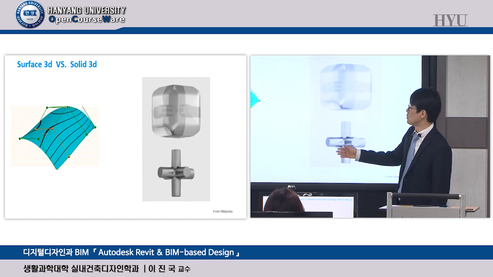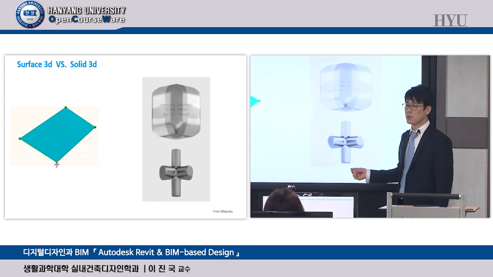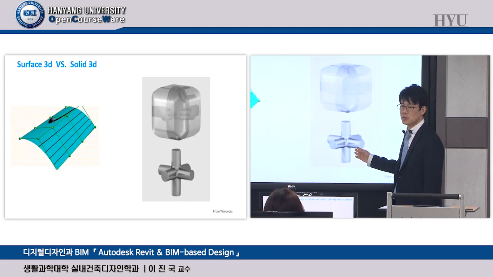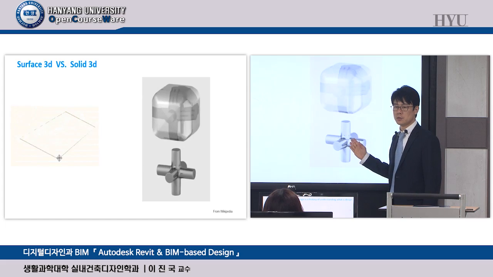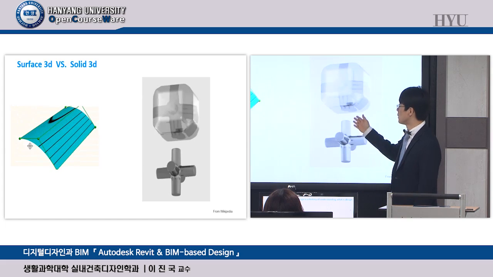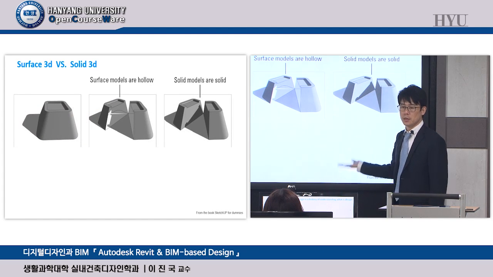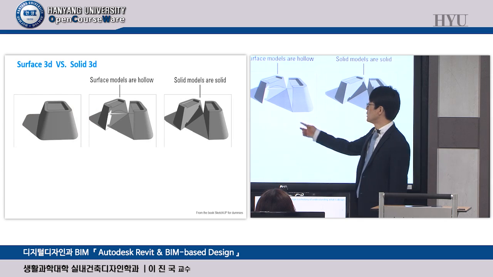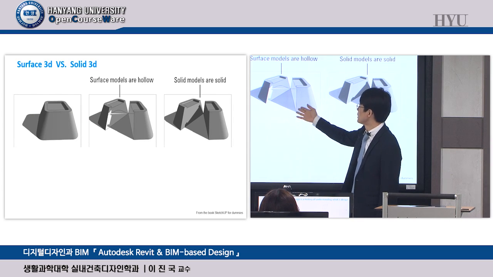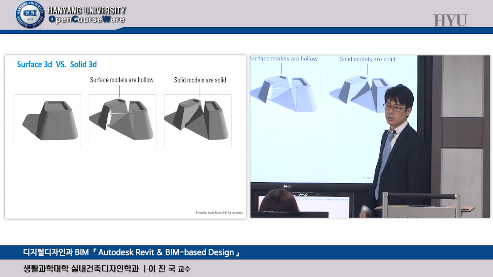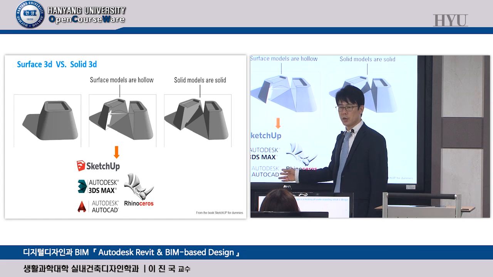Actually, just based upon the visual, we cannot determine whether this one is surface-based 3D or solid-based 3D. We need to see inside the definition. But anyway, they are solid, and that one is a surface model. This one simply explains solid and surface-based 3D. Okay, hollow, empty inside, and still solid inside. So SketchUp, 3ds Max, Rhino, AutoCAD.